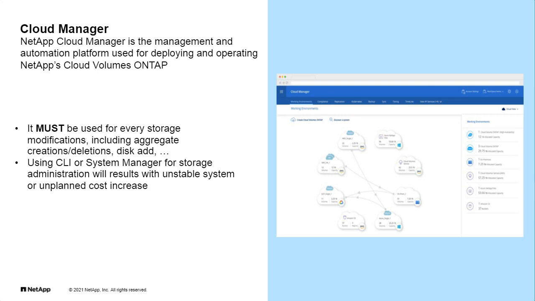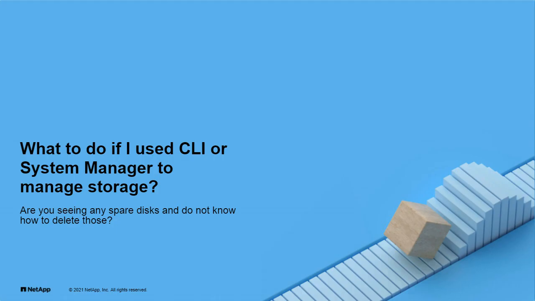For a good reason: if you're not using Cloud Manager to do so, you might end up with a working environment that might become unstable and end up increasing your cost by, for example, having spare disks. So what to do if you've used CLI or System Manager to manage your storage? Well, more than likely, you will end up having spare disks in your environment. And as mentioned previously, we do not want spare disks in CVO.